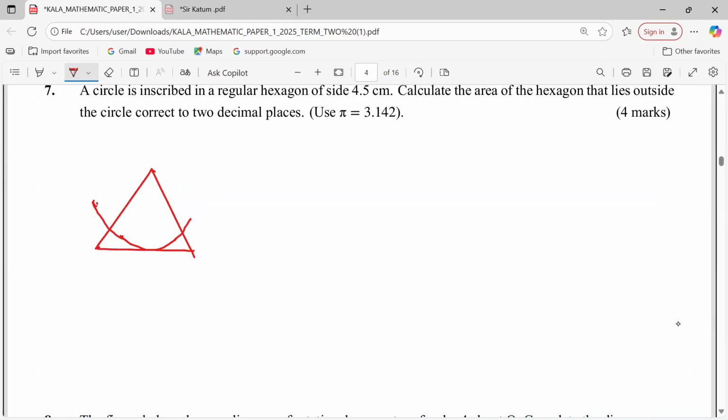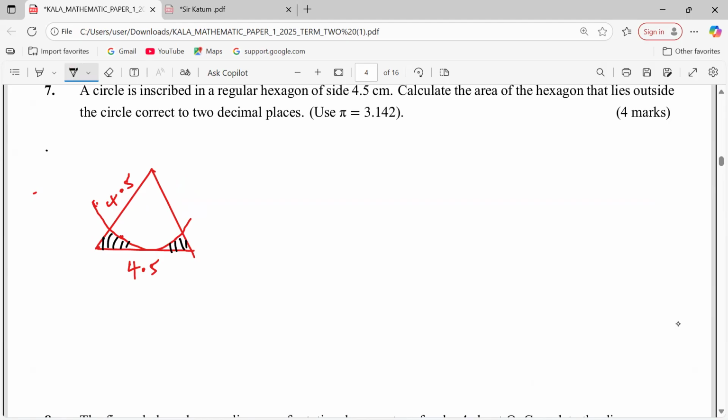With this now, we can say this is 4.5. This is 4.5. But now we need the area of the hexagon that lies outside the circle.